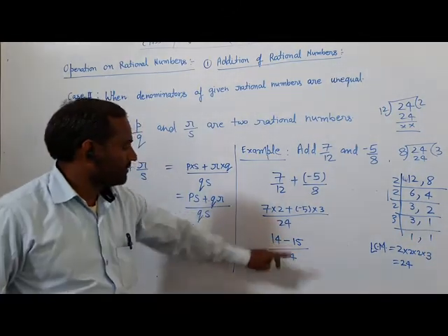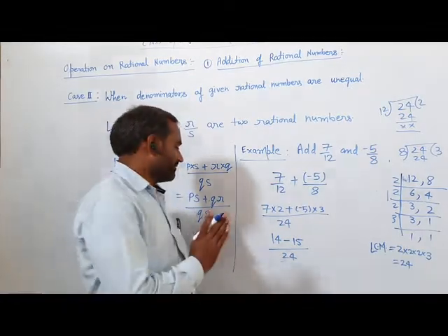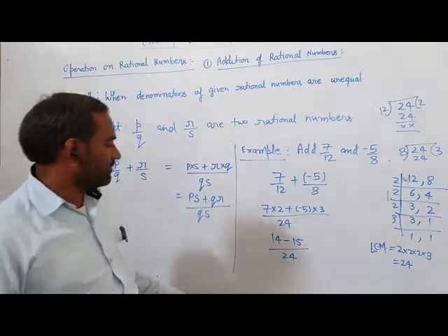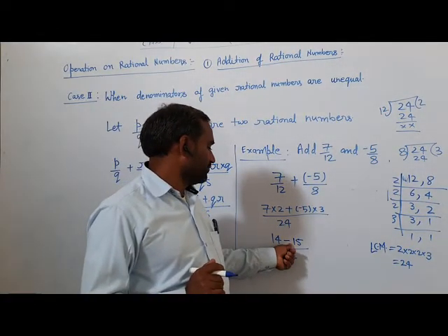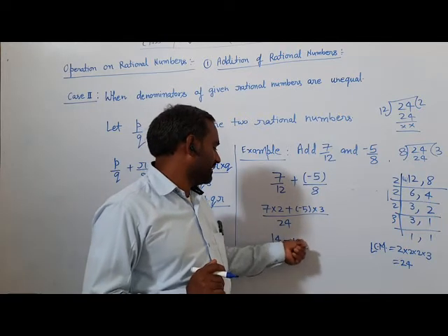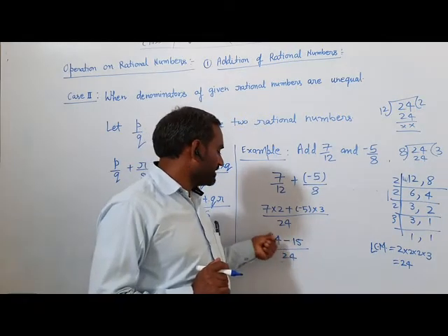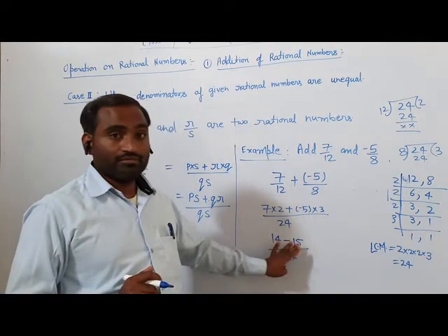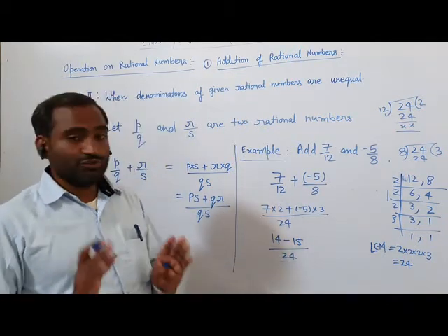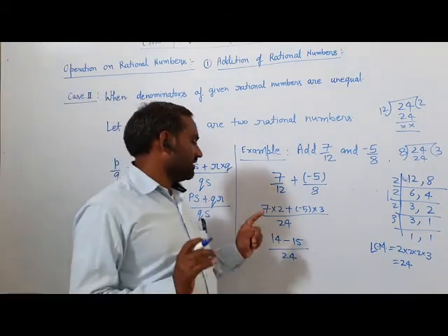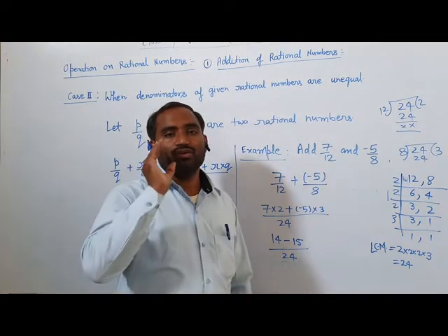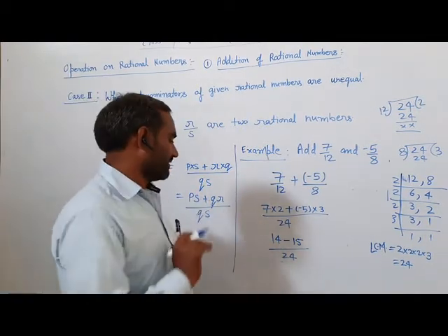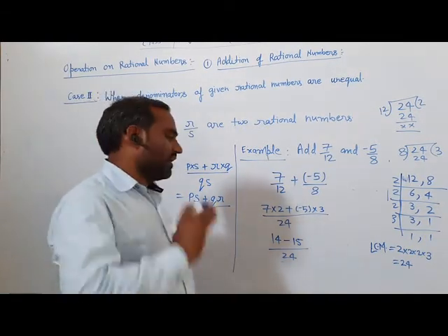Here, negative. First of all, in addition we see the sign. Before 15 there is a negative sign, before 14 is a positive sign. So 15 is greater than 14, and before 15 there is minus. If the signs are opposite, we write the sign before the larger number.